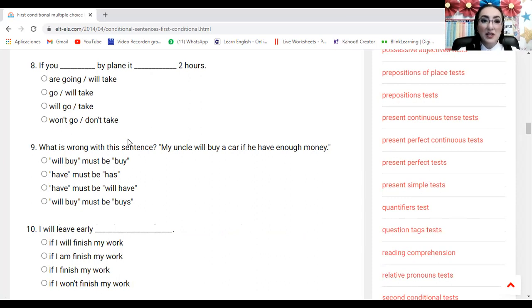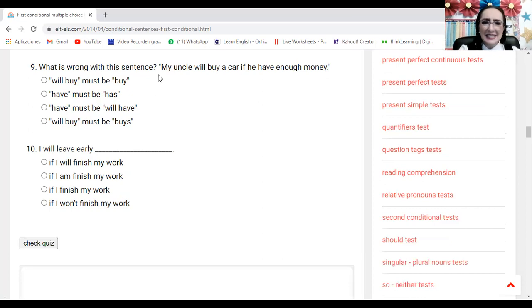If you are going, future, if you go, I will take my plane, that could be one. If you will go, if won't go, no, that is not correct. It is letter B, number 2.